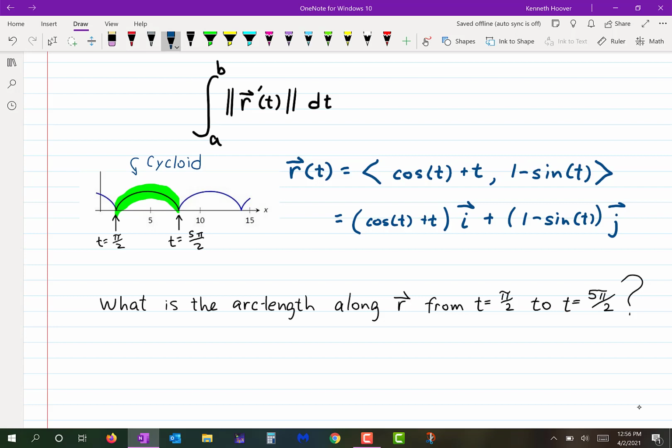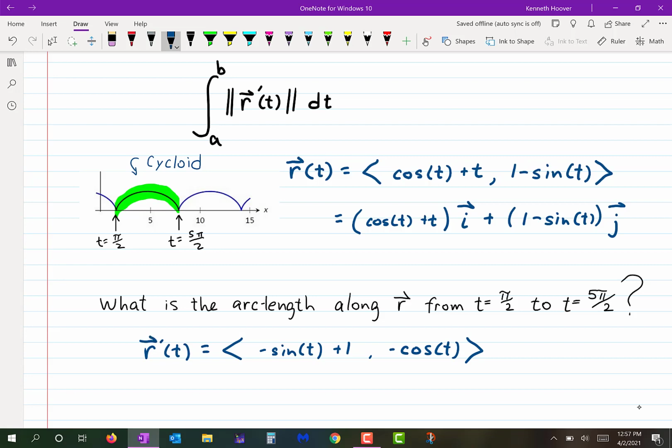So r prime of t equals the vector negative sine of t plus 1, comma, negative cosine t. That's r prime. I forgot the vector symbol.